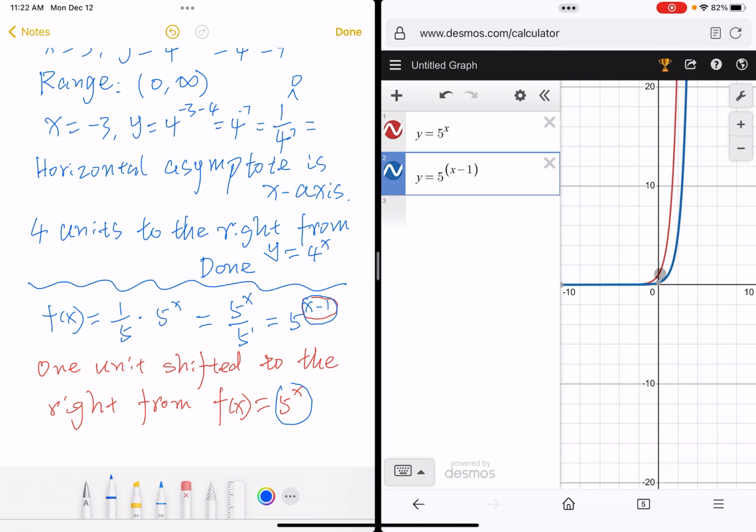Again, we know this point is 0, 1. This is x is 0 here, 5 to the 0 is 1.